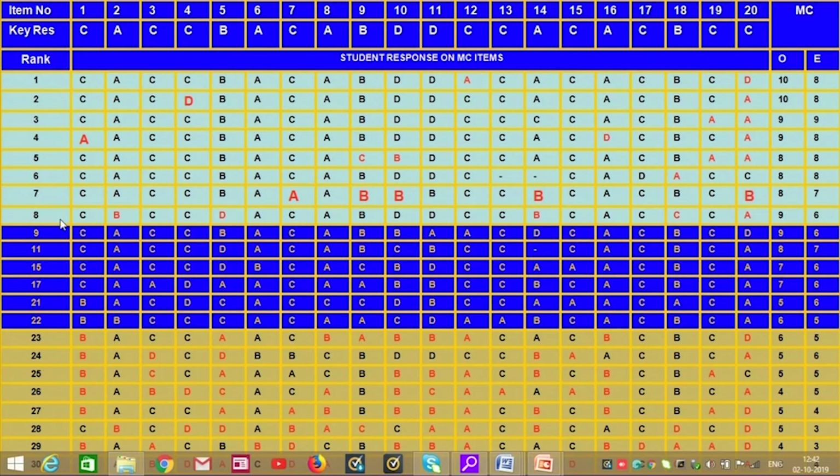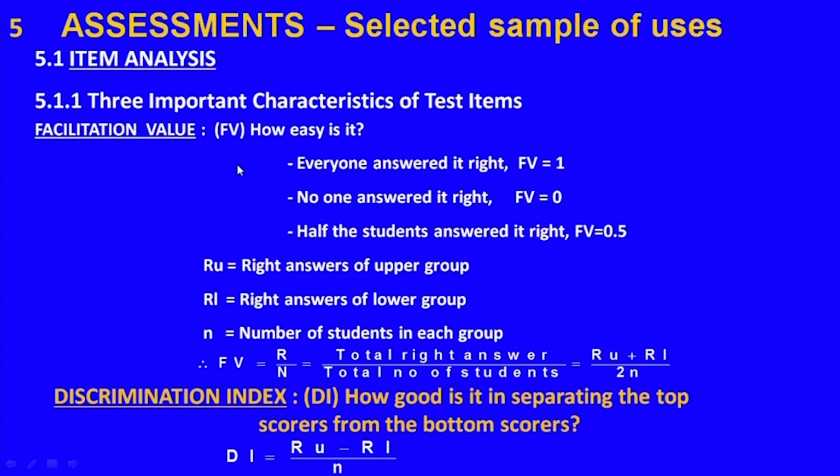So we've got the upper group and the lower group. For facilitation value, if everyone answered it right, FV is 1. If no one answered it right, FV is 0. If half the students answered it right, FV is 0.5.